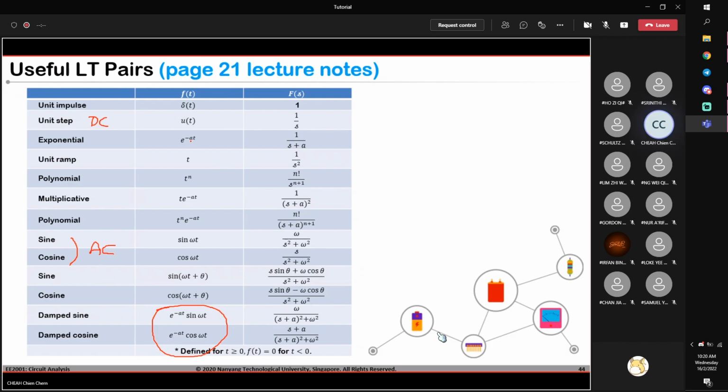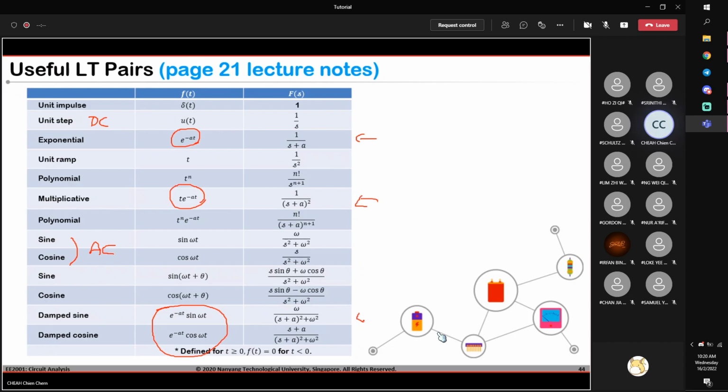For the overdamped, there are two values, alpha 1 and alpha 2. So you have two of these: A1 e to the power of negative alpha 1 t plus A2 e to the power of negative alpha 2 t. So you use two of this term because the alphas are distinct. Now, if you have repeated roots, then one of them will be this and the other one will be here.